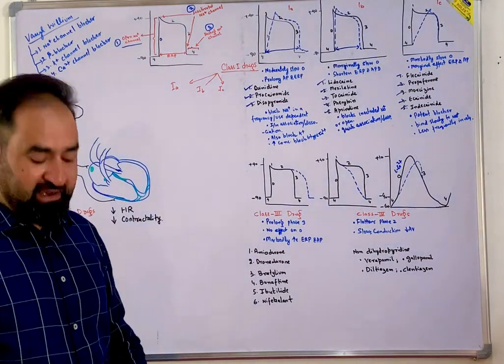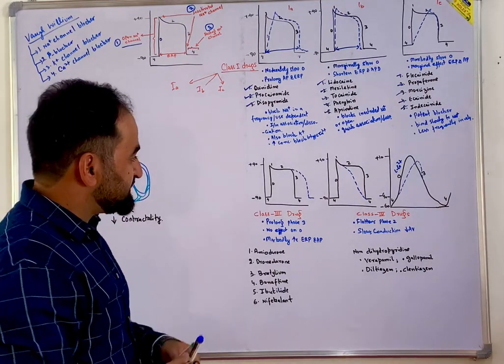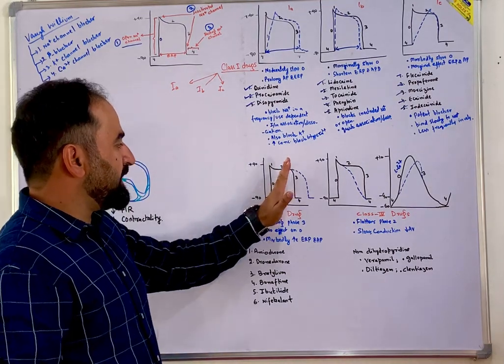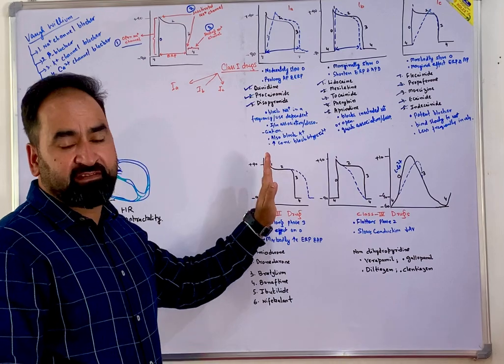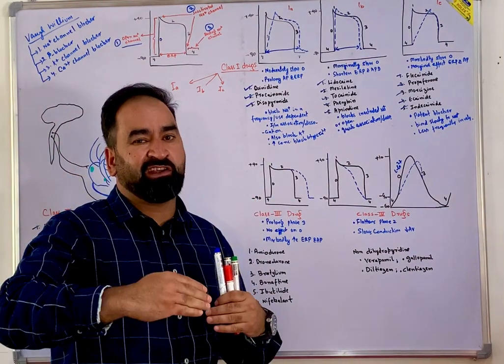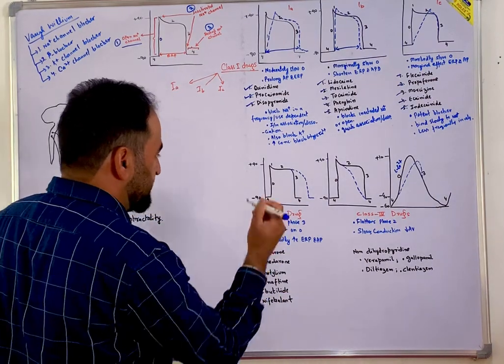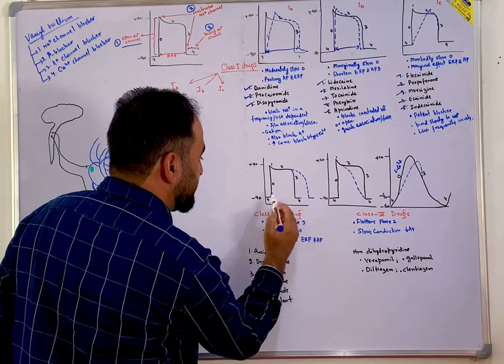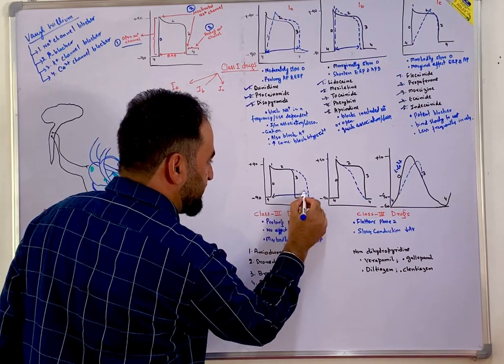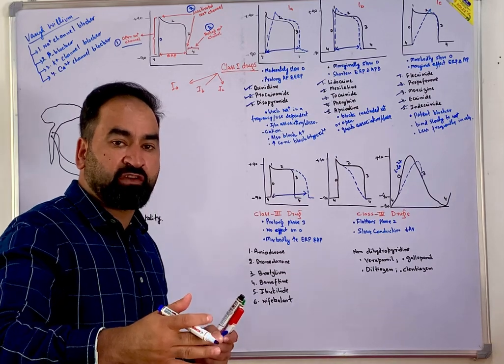Coming to the class 3 drugs. Class 3 drugs include the potassium channel blockers. When potassium channels are blocked, there is no effect on phase 0, 1 or 2. It is the 3rd phase which is going to increase. When the 3rd phase is increased, the action potential duration gets increased, and the effective refractory period also increases.